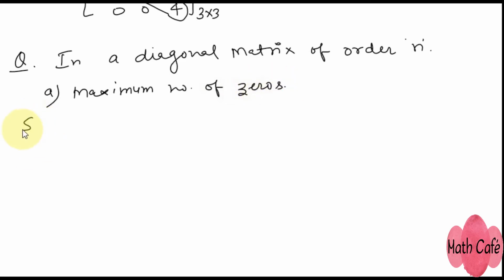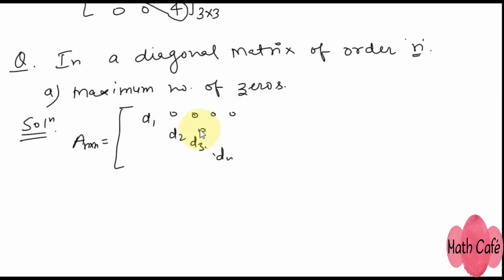So let's take an example of a matrix whose order is n. So let's say a matrix of n cross n order is d1, d2, d3 and up to dn, and all the non-diagonal elements are 0.